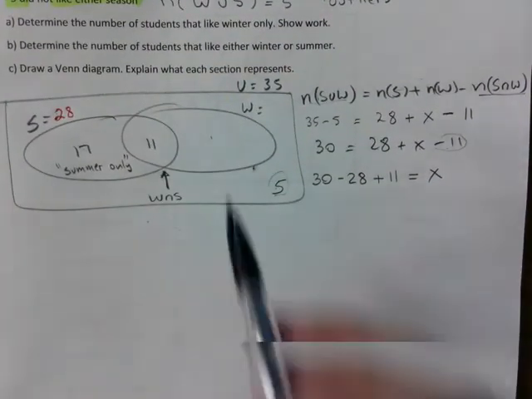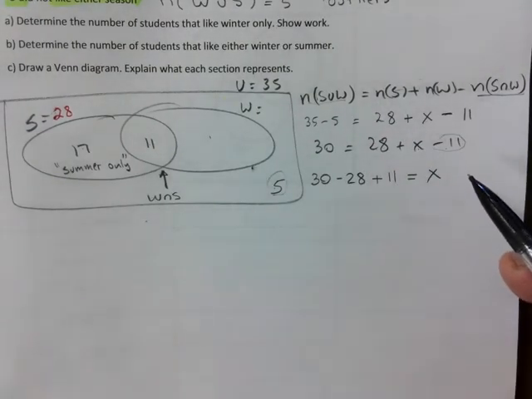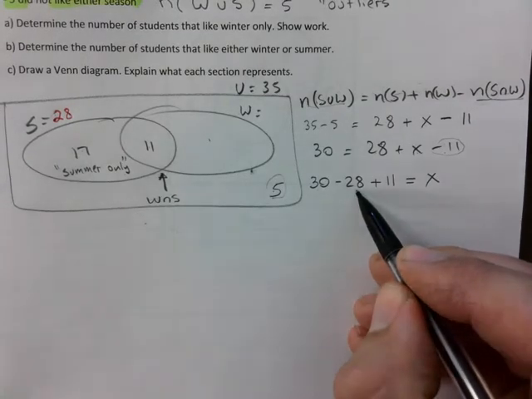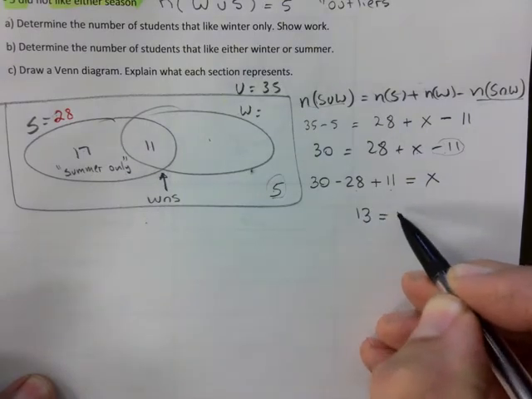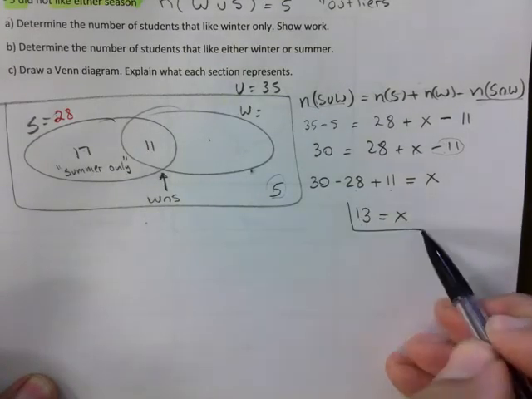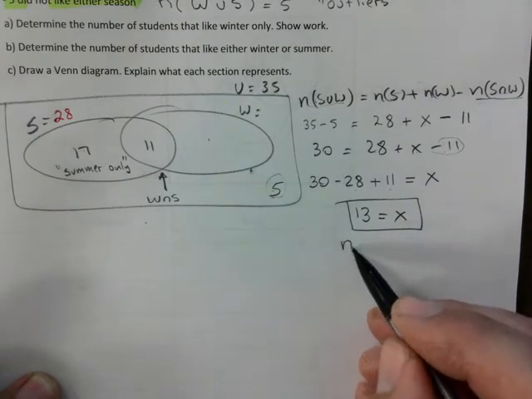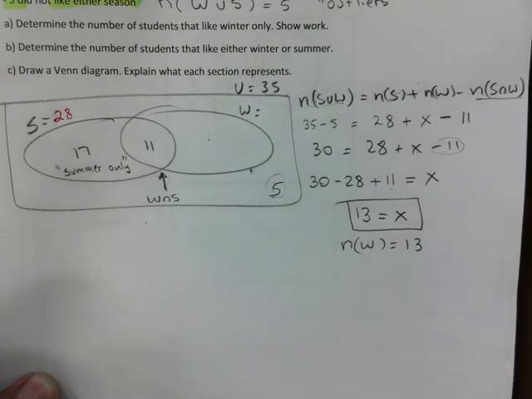If you were able to get this without doing it this way, I'm okay with that. I'm okay as long as you show me the work. So then it's 30 minus 28 is 2, plus 11 is 13. There are no negatives here, so no need to do that. So the number of students that like winter would be 13.